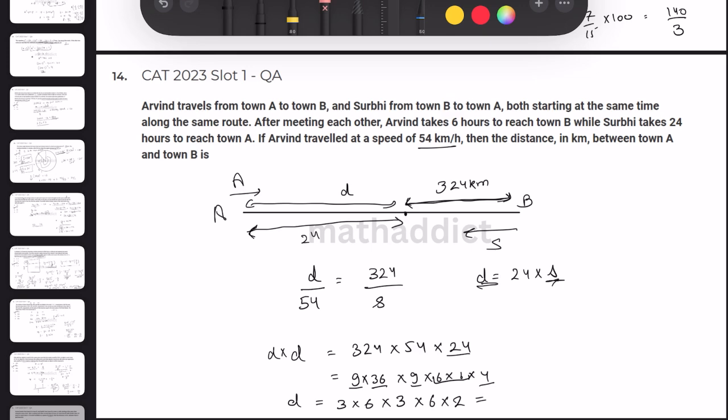So this is 9 into 7, 36 into 2, which is 9 into 72, 648. This plus 324 kilometers is the total distance from A to B, which is 972. So the answer is 972 kilometers.